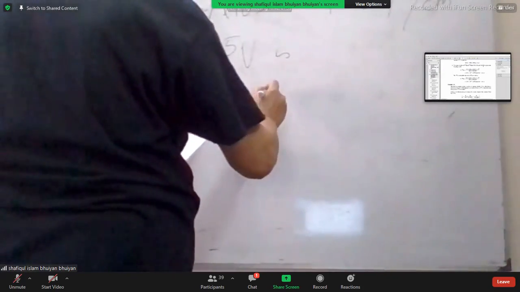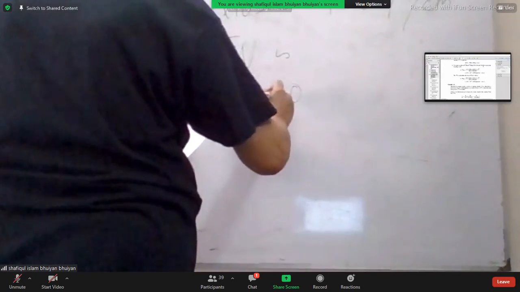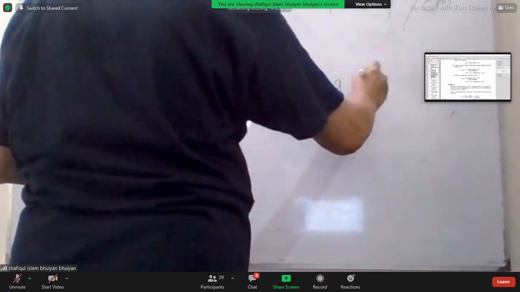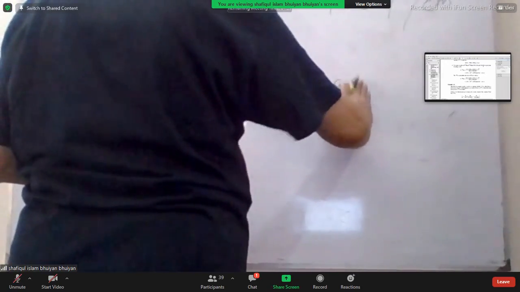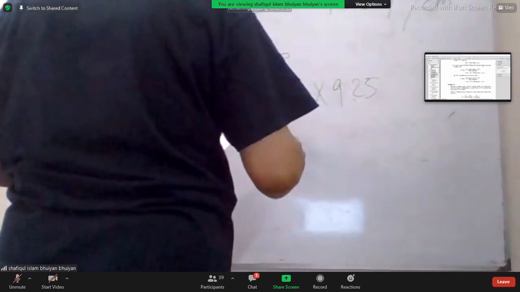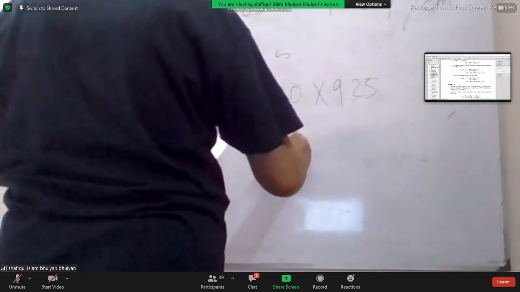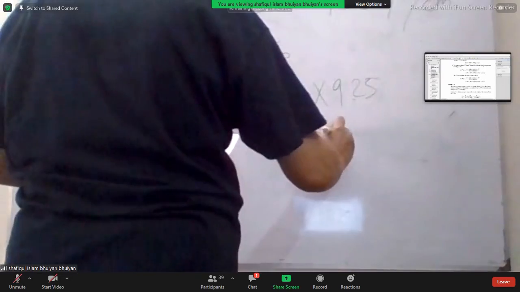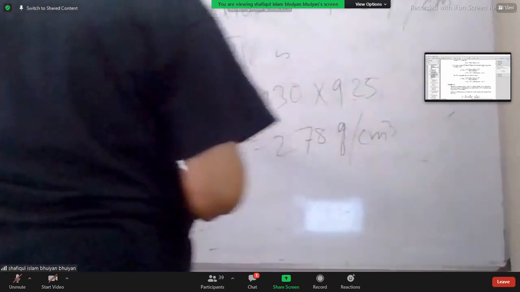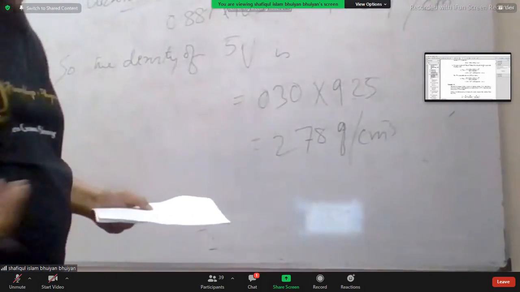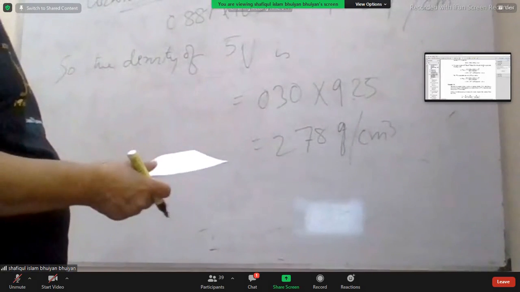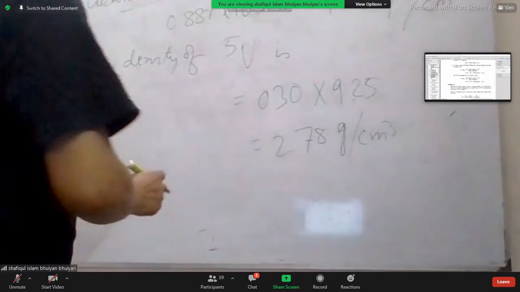So it will be 0.30 into 9.25, which is equal to 2.78 gram per centimeter cube. And if we know the gram, the atom density, we can easily calculate. If we know the gram, we will just multiply it. So the atom density of U235.